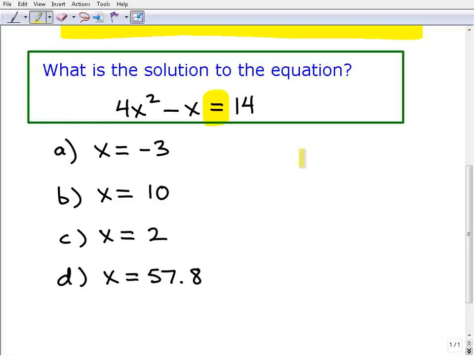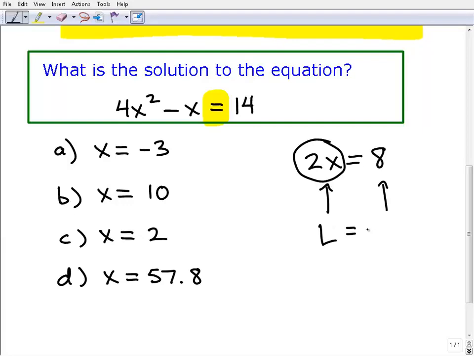When you have an equation, I'll write a simple one here: 2x equals 8. The left-hand side of the equation will always equal the value of the right-hand side. Whatever 2 times x represents, that left-hand value must equal the right-hand value, in this case 8.